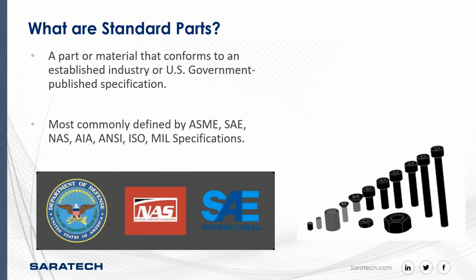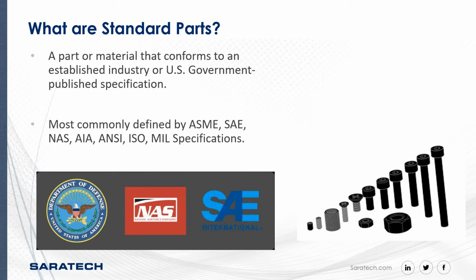So a standard part is a part or material that conforms to an established industry or U.S. government published specification. The FAA's acceptance of a standard part as an approved part is based on the certification that the part has been designed and produced in accordance with an independently established set of specifications.